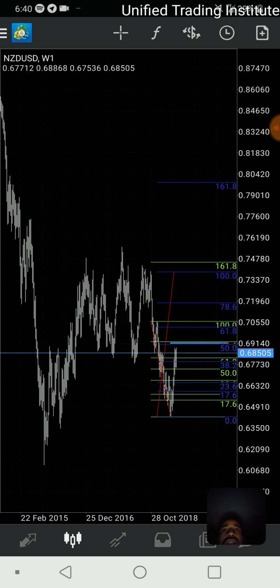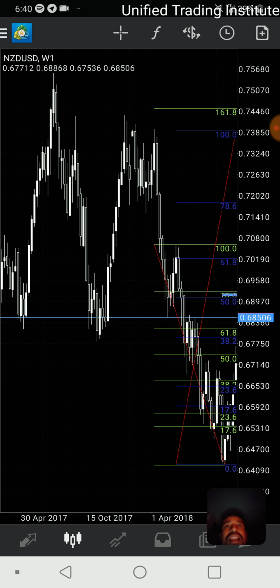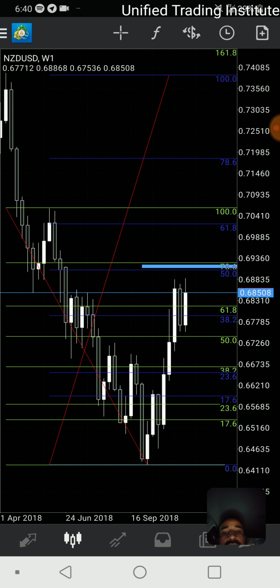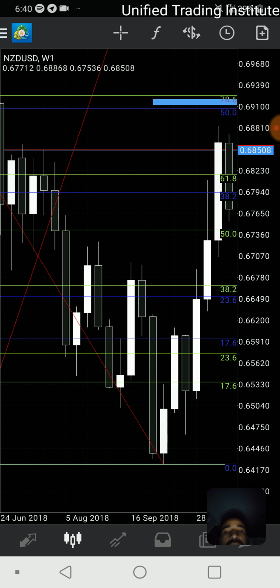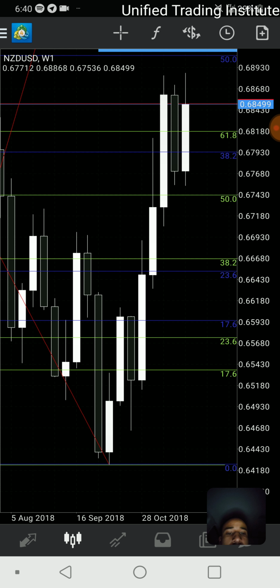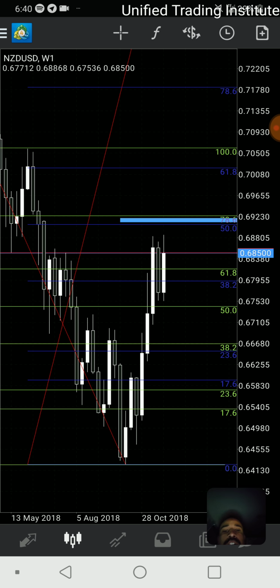Because at these turnaround levels, you're not always going to get a price action setup, meaning like the candles aren't going to always tell you. Like for example, if I'm looking down here and I want to try to figure out why did price stop at 0.64180 before moving back up, just by purely looking at this, I would have never known it made it that far. You know what I mean?